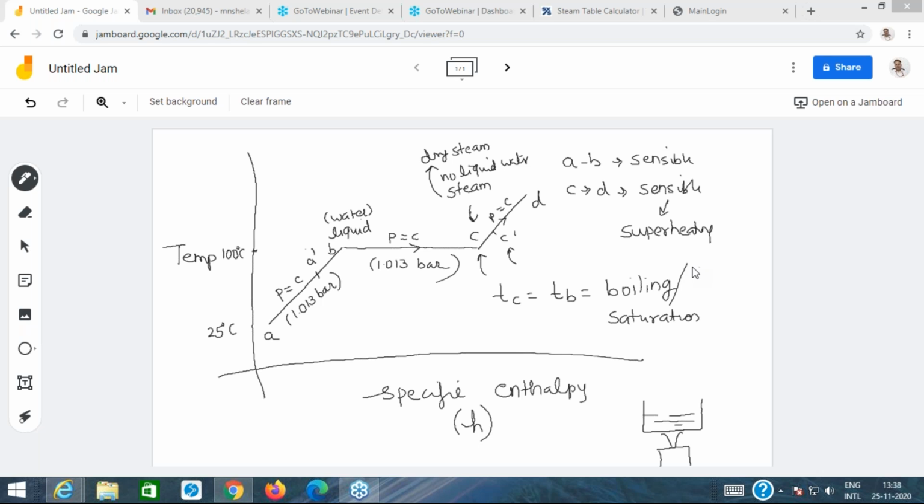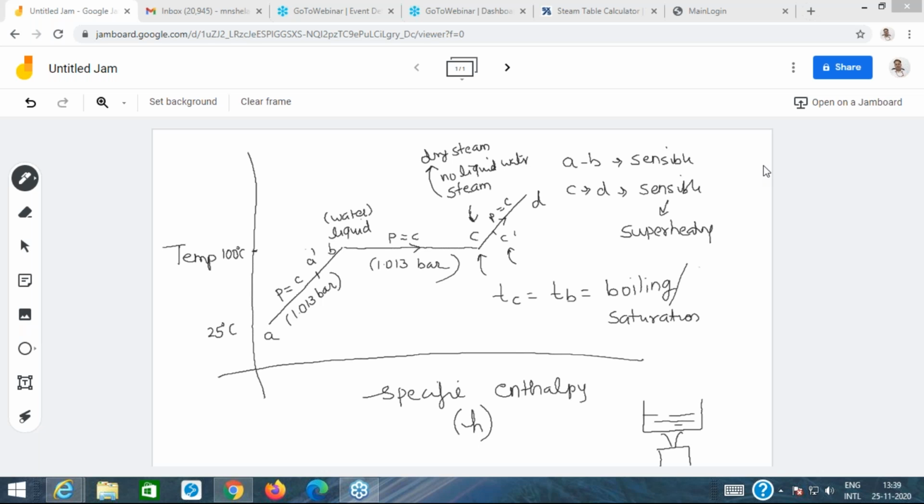Anybody from you? The phase at A dash is liquid water. Phase at B is also liquid water. Phase at A is also water. Neha, phase at A dash is only water, and phase at B is also only water.